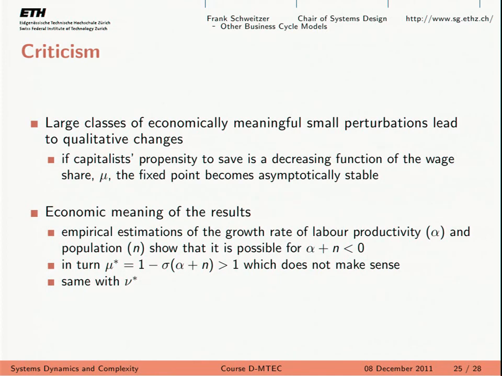For instance, they would keep some money in the bank. Let's put it this way. They would not invest everything they get. Then the fixed point becomes asymptotically stable, and there are no business cycles anymore. Right? So this is kind of a little disturbance in the assumptions of the model, which completely changes its behavior.